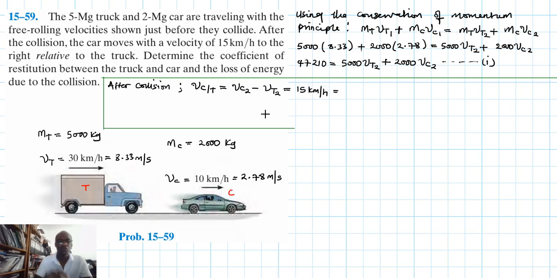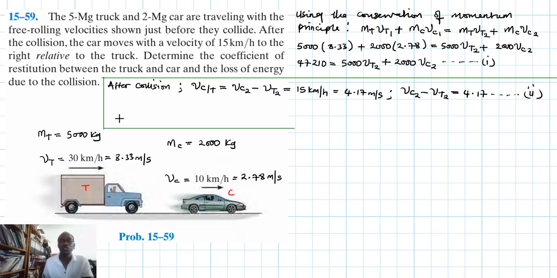The subscript 2 simply means that this is after the collision. If we convert this to meters, it becomes 15,000 divided by 3,600, which is 4.17 meters per second. Therefore, VC2 minus VT2 is equal to 4.17, and this is our equation 2.